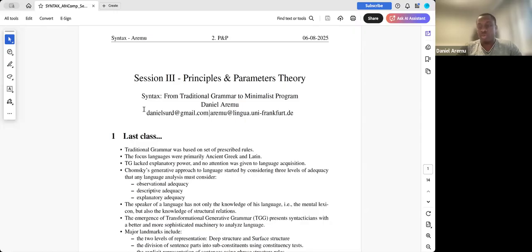If no movement has taken place, that same structure on the tree would look like both the deep structure and the surface structure. But you remember we discussed transformation, where something moves from somewhere to another place, and that gives you a surface structure. The deep structure would be the canonical position where each of those elements are merged inside the syntax, while the surface structure is when there is transformation.